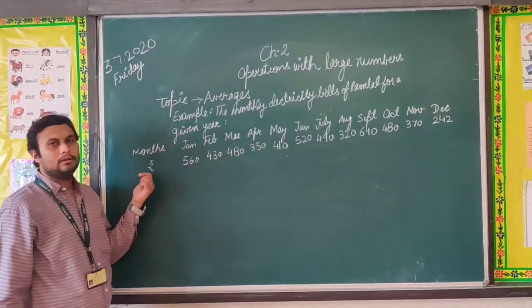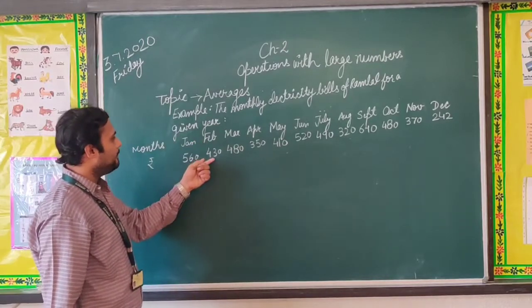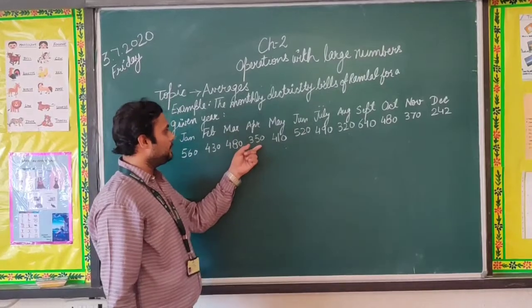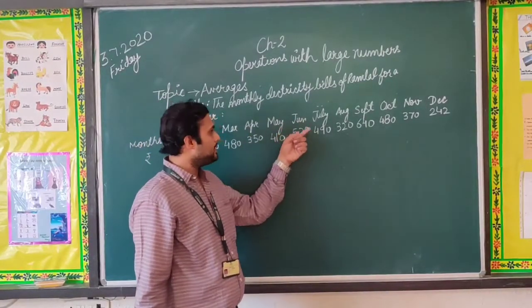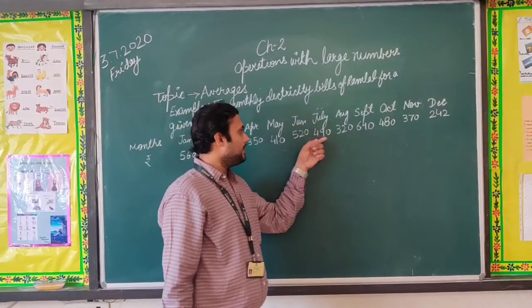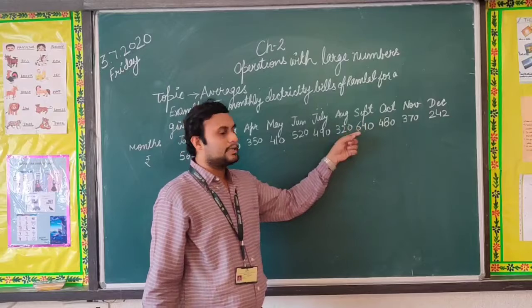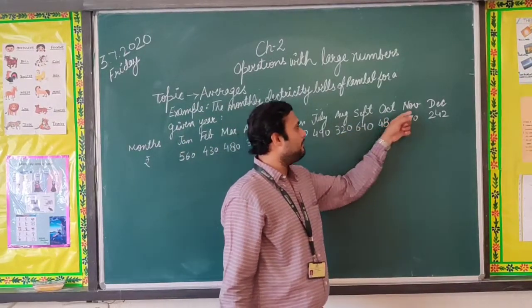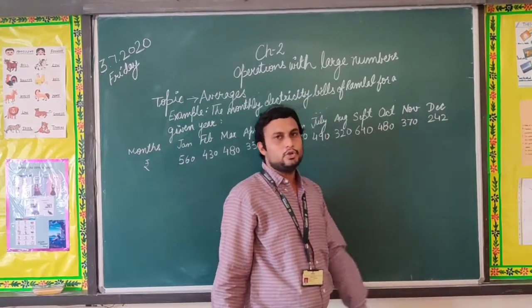The bill that Ramlal got: Jan 560, Feb 430, March 480 rupees, April 350 rupees, May 410 rupees, June 520 rupees, July 490 rupees, August 320 rupees, September 640 rupees, October 480 rupees, November 370 and December 242 rupees.